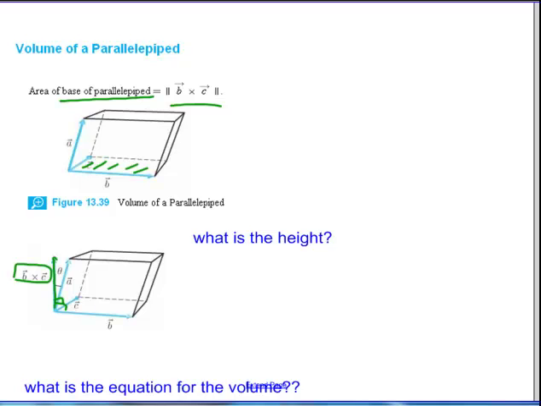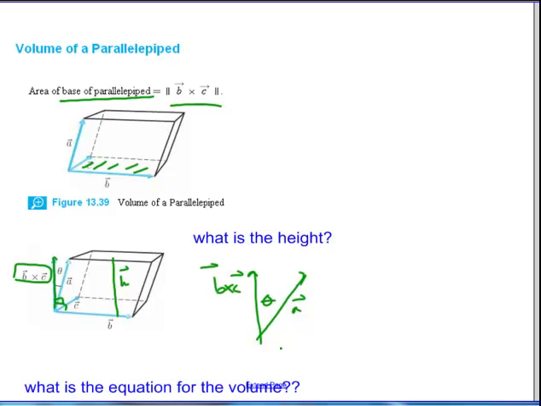And if we think about the angle between B cross C and A, there's an angle between them. If we think about the height of our parallelepiped, so really, what is this height here?